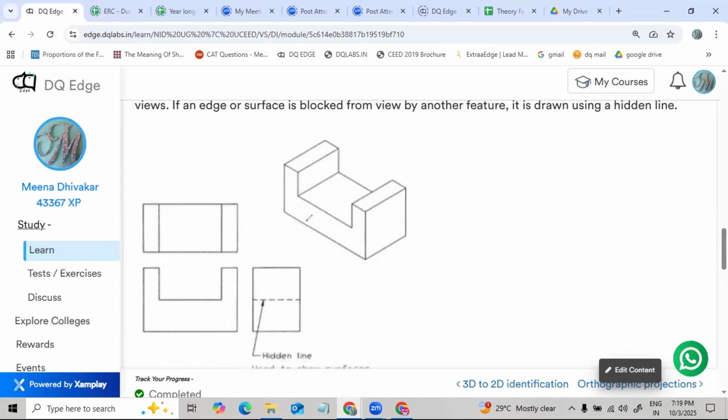I will draw a hidden line over here, saying that a surface exists like this. Here, what is a hidden line? It is a surface, but it won't be visible in any of the views.